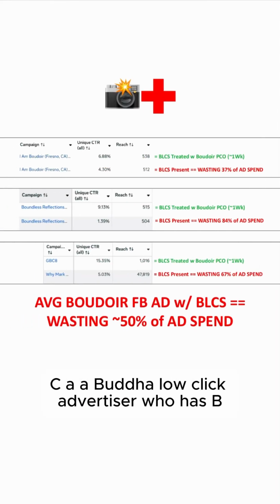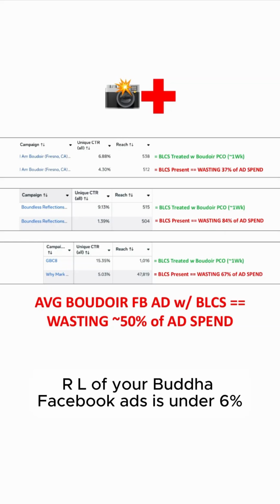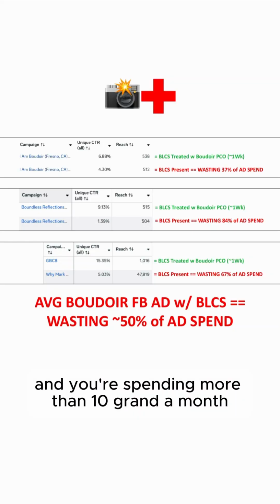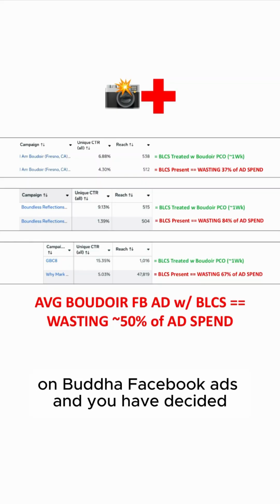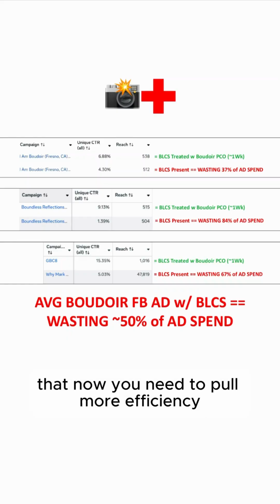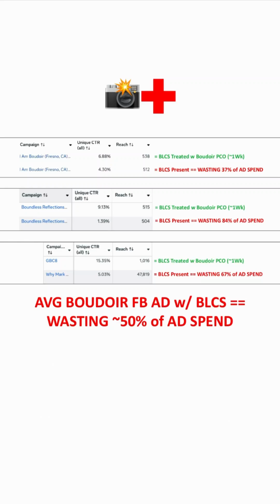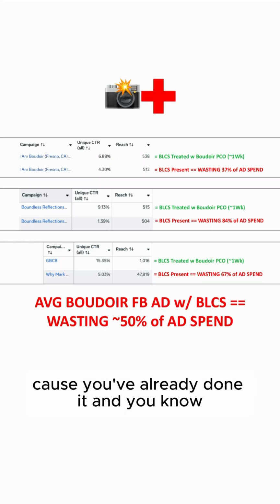If you're a BLCA, a Boudoir low click advertiser who has BLCS, the unique CTR of your Boudoir Facebook ads is under 6%, and you're spending more than 10 grand a month on Boudoir Facebook ads, and you have decided that now you need to pull more efficiency, more profit out of your business through making your Boudoir Facebook ads more efficient, because you've already done it in other places in your business.